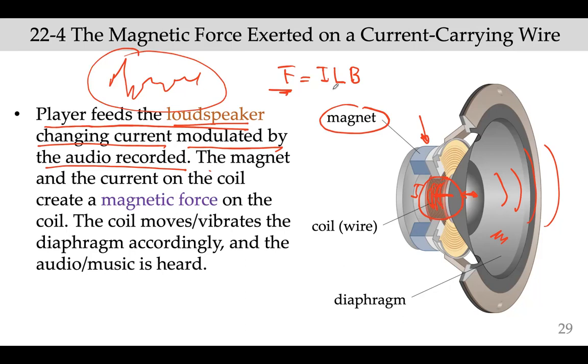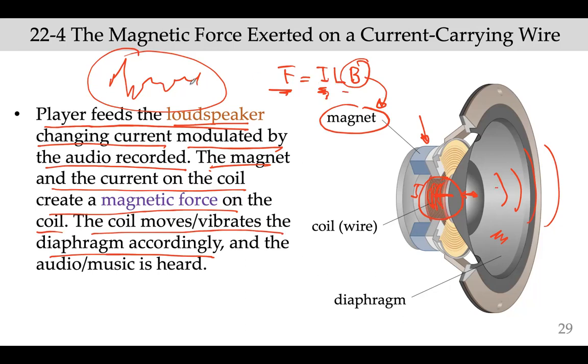And what happens if the current changes? Well, the magnetic field is constant. It's coming from the magnet. But the current changes, so the force changes, right? So the magnet and the current on the coil create a magnetic force on the coil. The coil moves, vibrates the diaphragm accordingly, and the music is heard by the person listening to this loudspeaker.